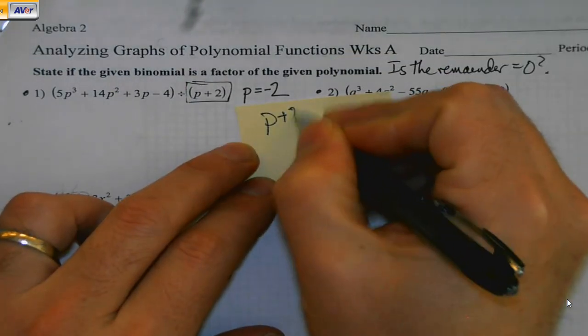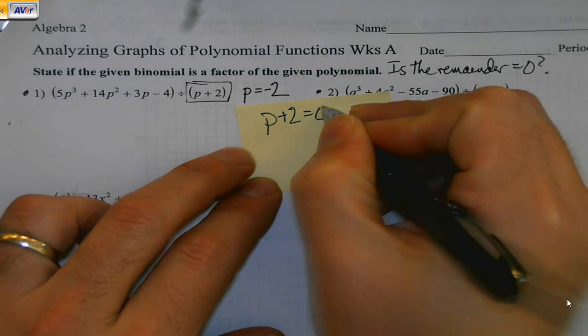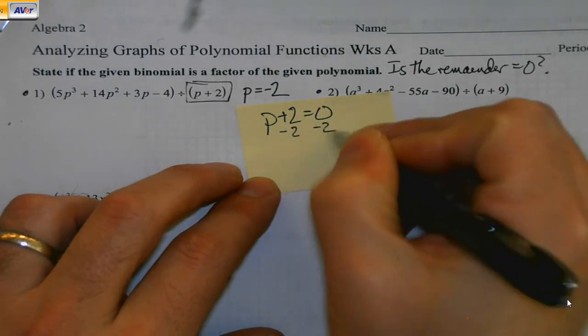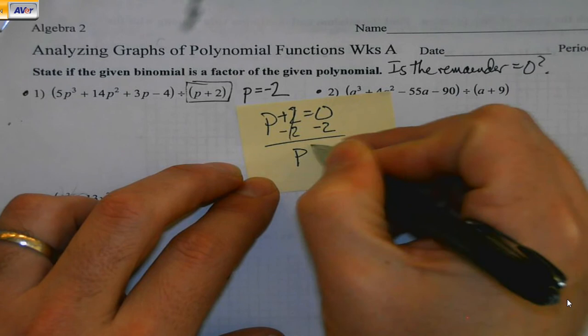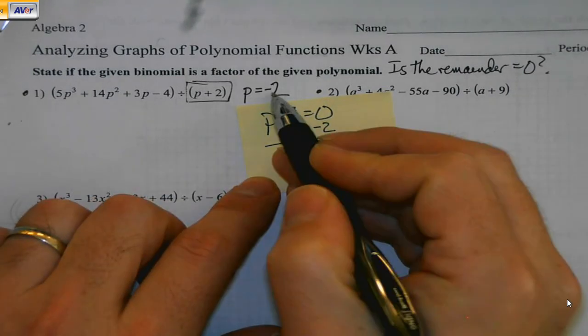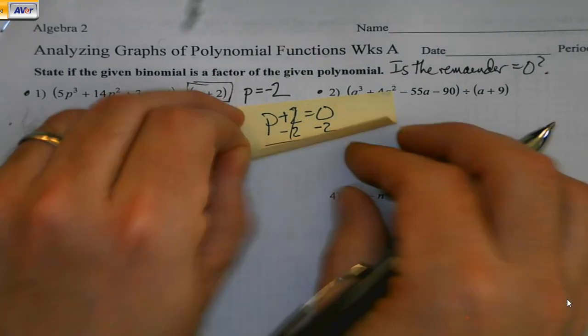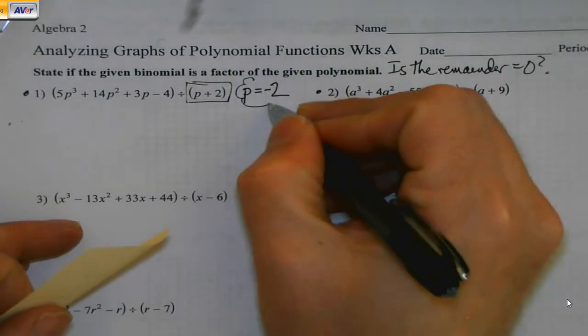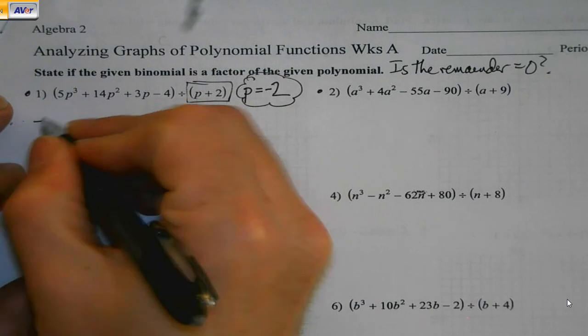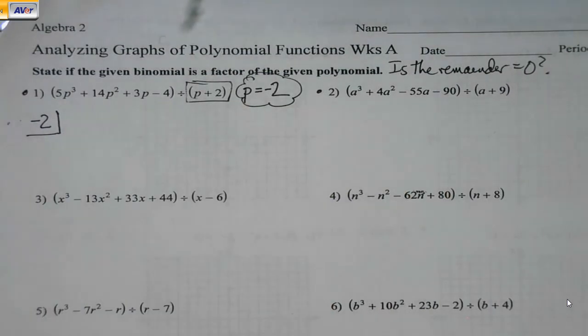Because if I'm looking for this 0, and I would actually solve this out, that's the value I would get. That's my 0. That's my intercept. And so that's why we're going to use this as the value that goes in our box.